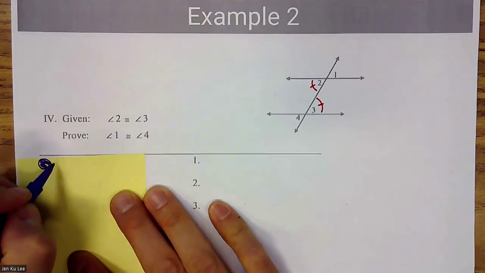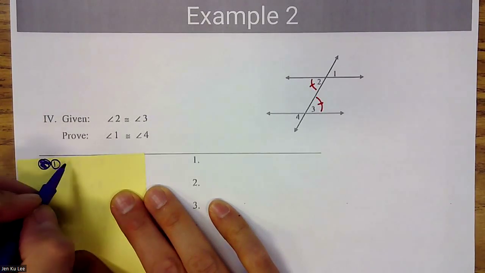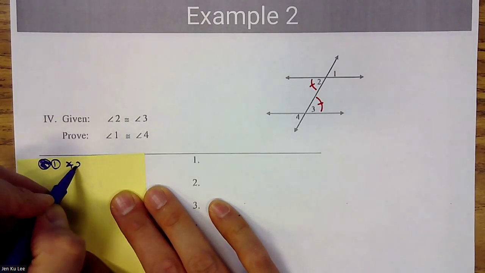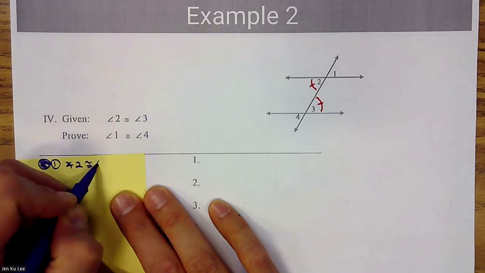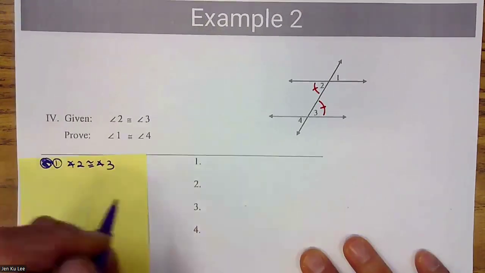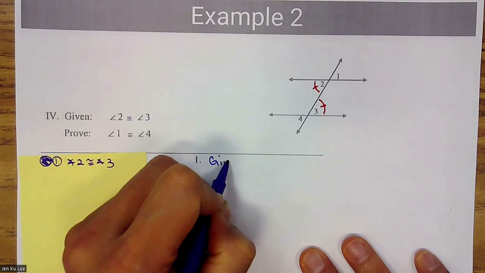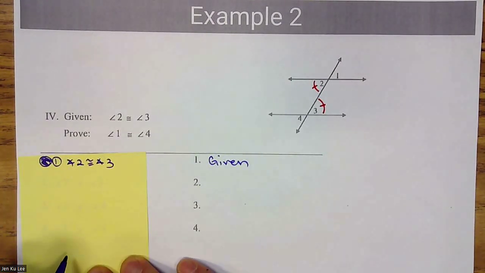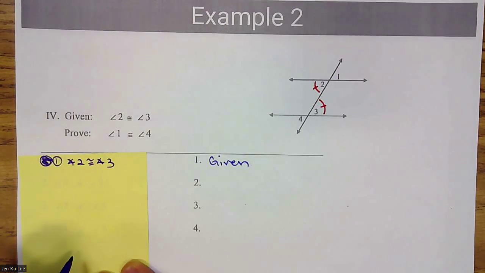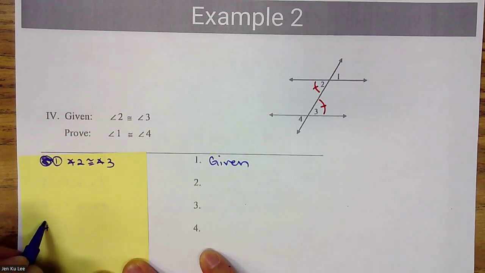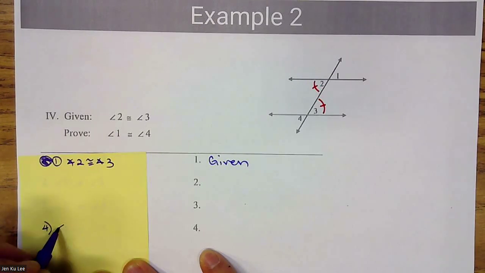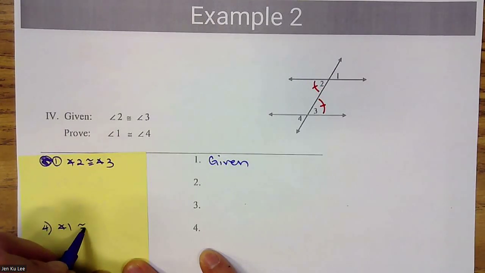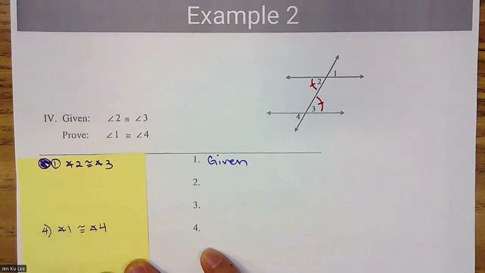So if you start off with the given, and that is given, and you know your last step, I'm going to end it in 4 steps, is going to be angle 1 is congruent to angle 4, right? That's your last step.